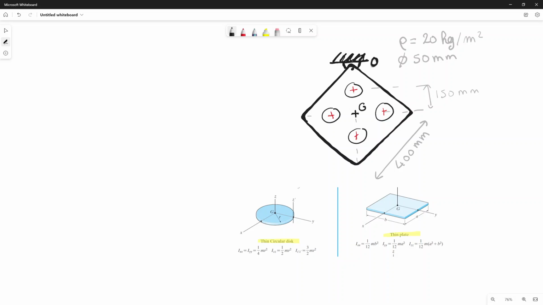We are looking to find the mass moment of inertia about O, and we have the mass moment of inertia of each little circle.